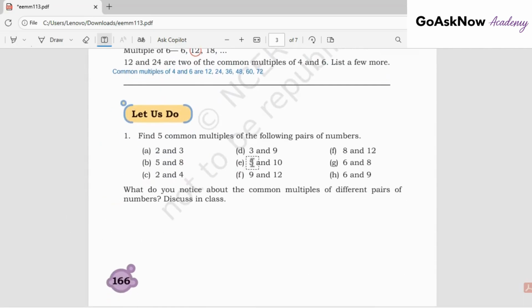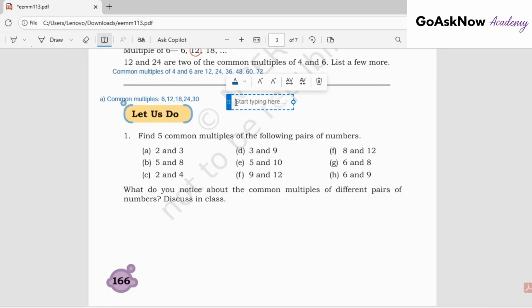Okay, let us find 5 common multiples of the following pairs of numbers. Now for 2 and 3, the common multiples are 6, 12, 18, 24, 30.